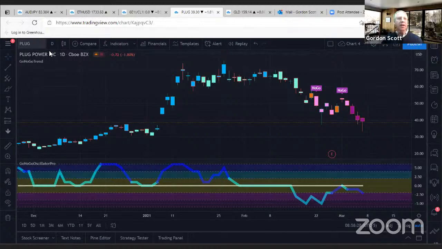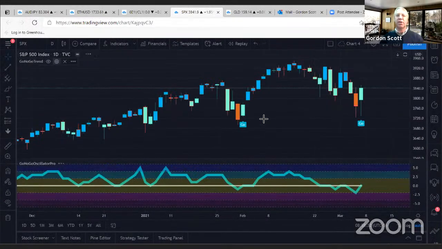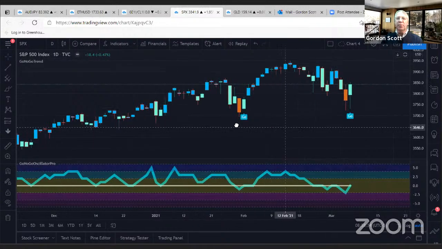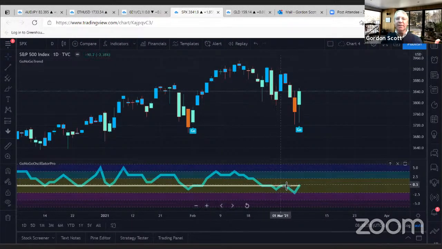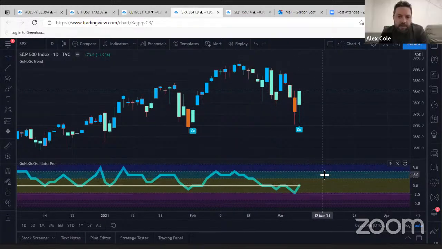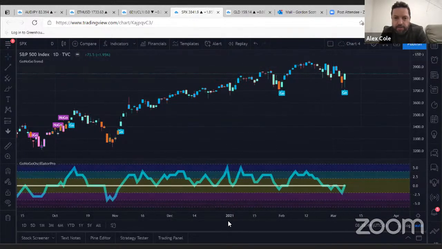Okay, so we got a request to have a look at the SPX chart here, with the GoNoGo, and we've got a brand new go indicator. It's not quite riding the zero line, but it did pop up. Give us your read on this. If you can pull in a little bit more data, you can see from here it was in a trend channel.